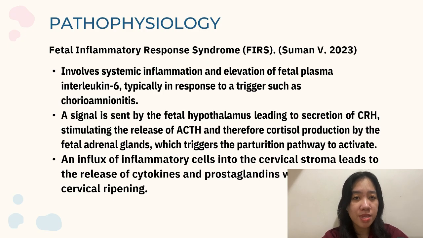A key event is fetal inflammatory response syndrome, or FIRS, which involves systemic inflammation and elevation of fetal plasma interleukin 6, typically in response to a trigger such as chorioamnionitis. A signal is sent by the fetal hypothalamus, leading to secretion of CRH, stimulating the release of ACTH, and therefore cortisol production by the fetal adrenal glands, which triggers the parturition pathway to activate.